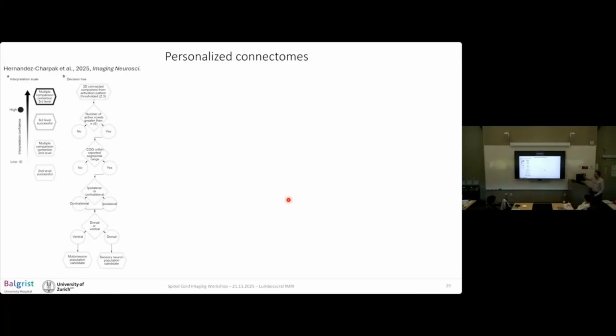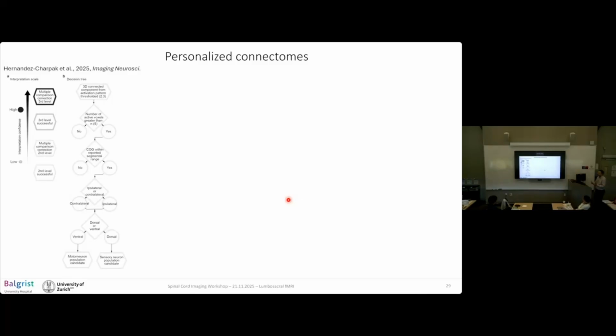They came up with a recipe for how to interpret the subject level results better. I'm not going to go through it in detail, but basically they look at aspects, for example, what is the size of the cluster that they see on subject level. Where is it located? Is it more on the dorsal or the ventral side, on the ipsilateral or contralateral side?